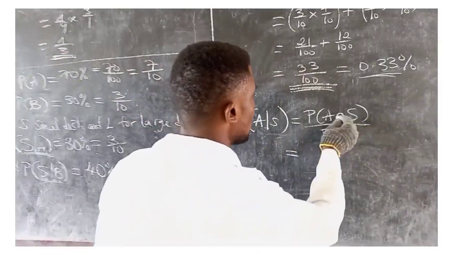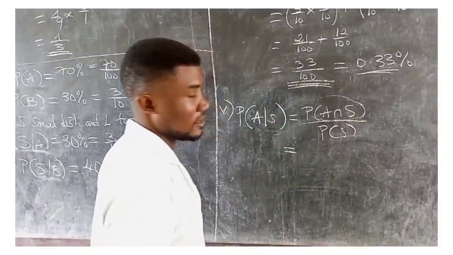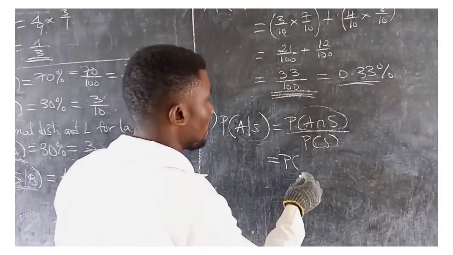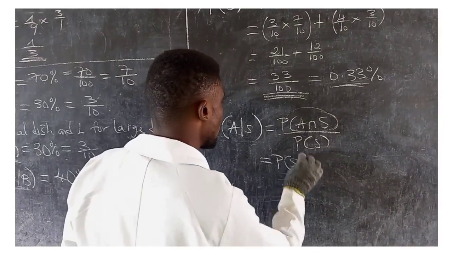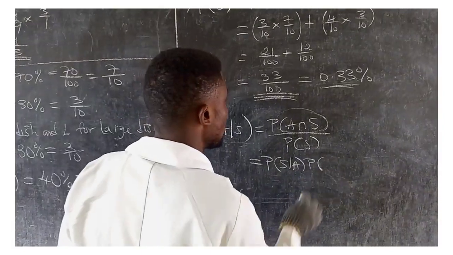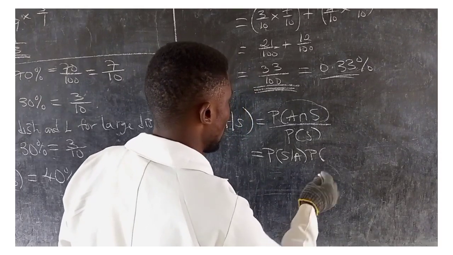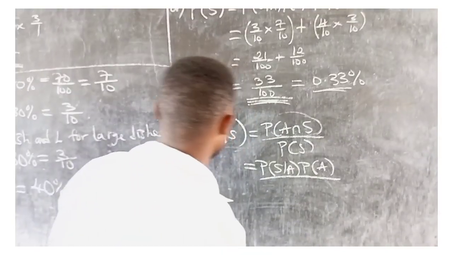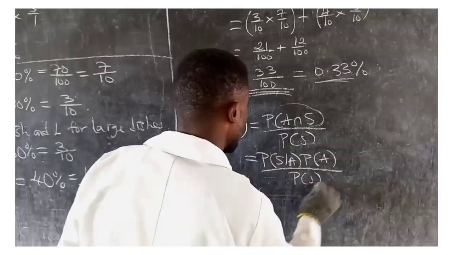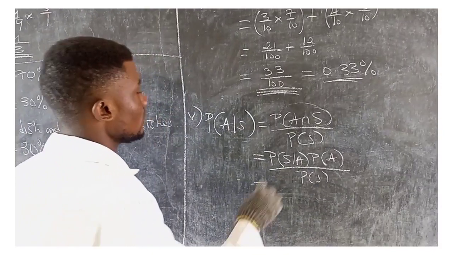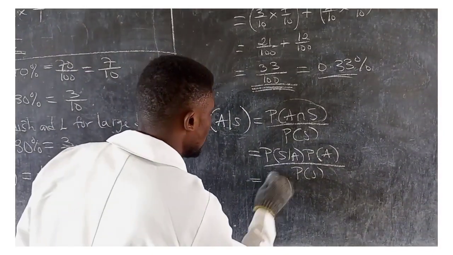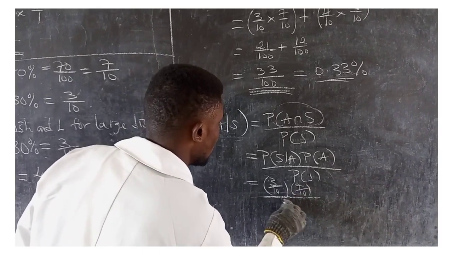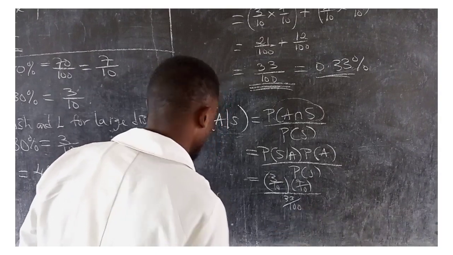Simplifying this one, we don't have this result, so I'm going to write it as the probability of S given A times the probability of A, divided by the probability of S. So this is 3 on 10 times 7 on 10 divided by this one, which we calculated to be 33 on 100.